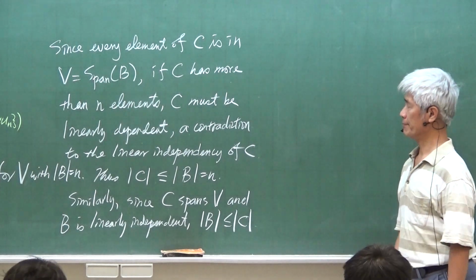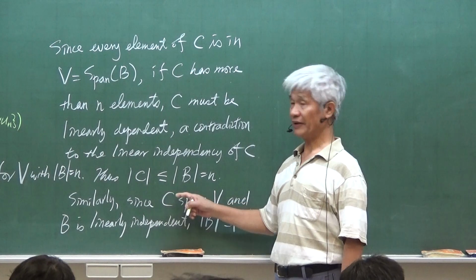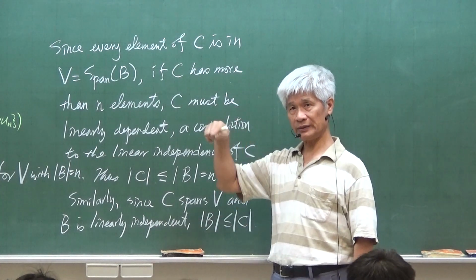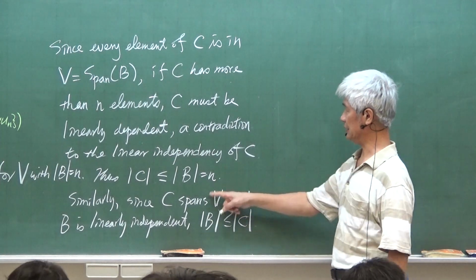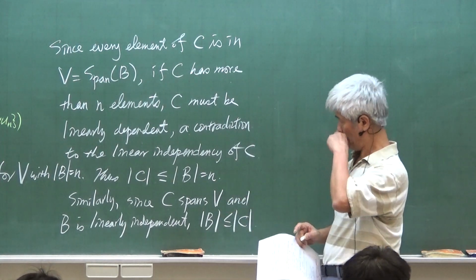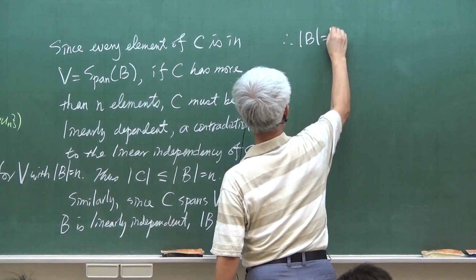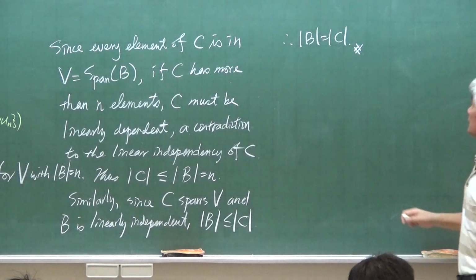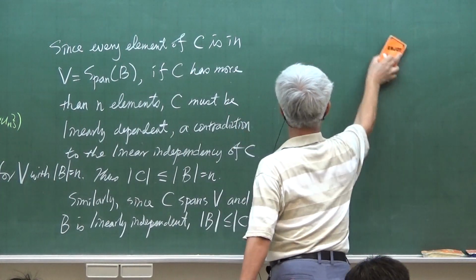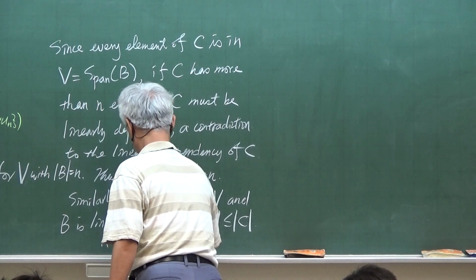Okay? Because now we already know C is a finite set, so it has a finite number of elements. And it spans V. So the size of B is equal to the size of C.